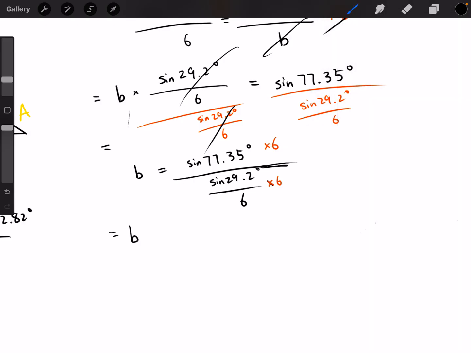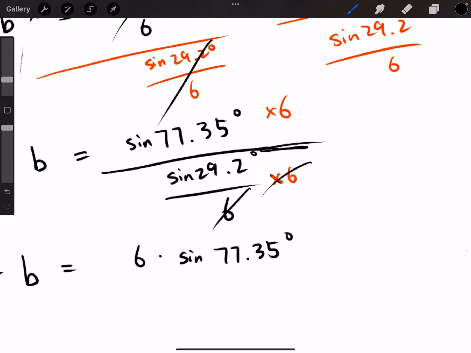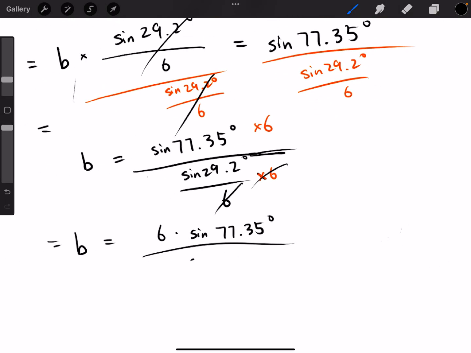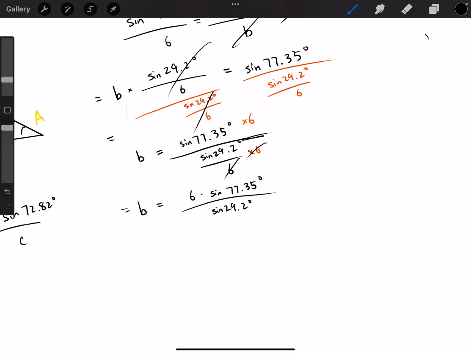This is equal to b. This whole thing here is 6 times sine 77.35. On the bottom, the 6 and 6 cancel out. You have sine 29.2 degrees. Now we can just plug it into a calculator.